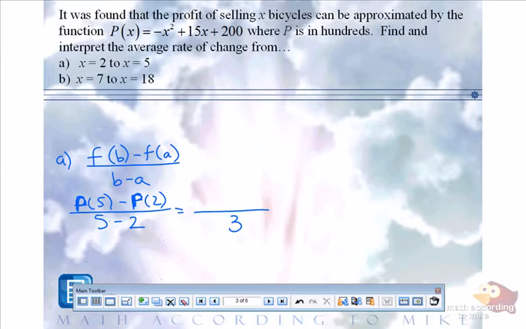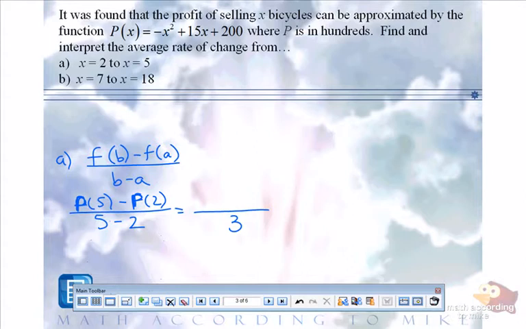So to find P of 5, we plug in 5 into the function. So we would have negative 5 squared plus 15 times 5 plus 200. Please be careful that negative in front of the x squared means that you square first and then multiply by a negative 1.